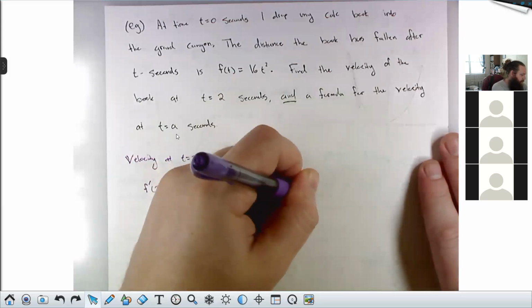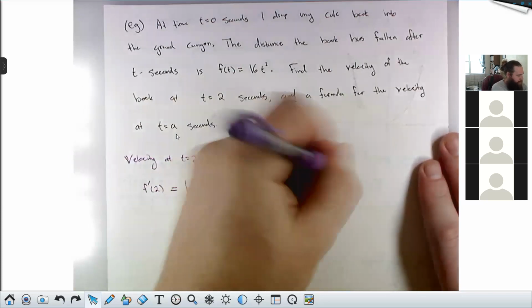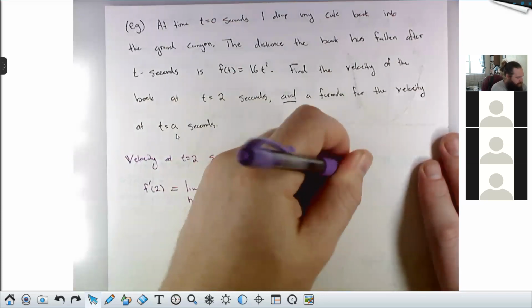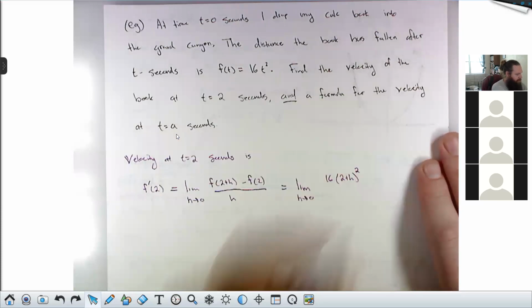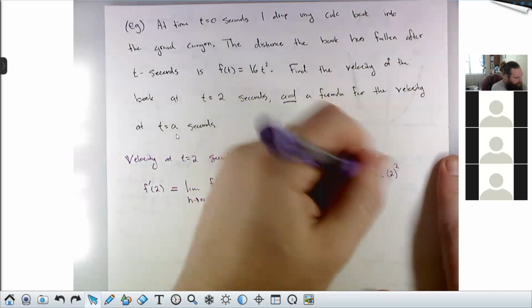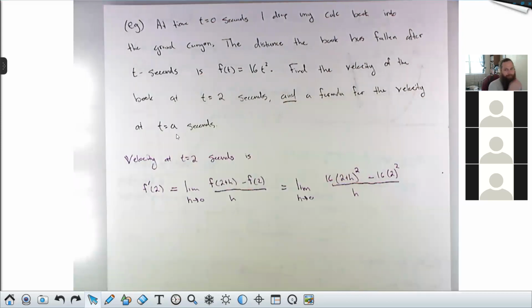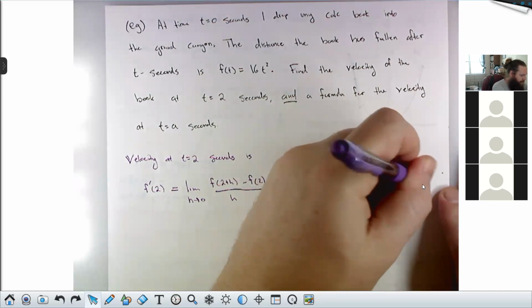Then h to 0. F of 2 plus h is 16 times 2 plus h squared. And f of 2 is 16 times 2 squared. And all of that is divided by h. Factor out the 16 and everything becomes the same as it was before. And there's a lesson to be learned there.